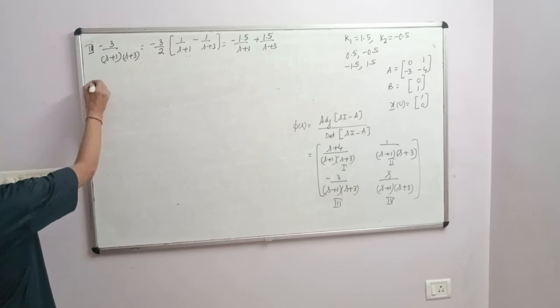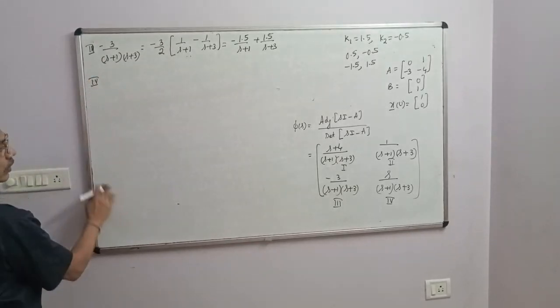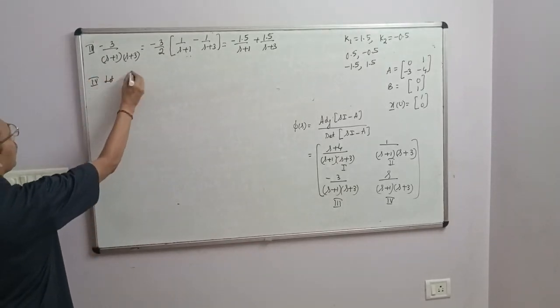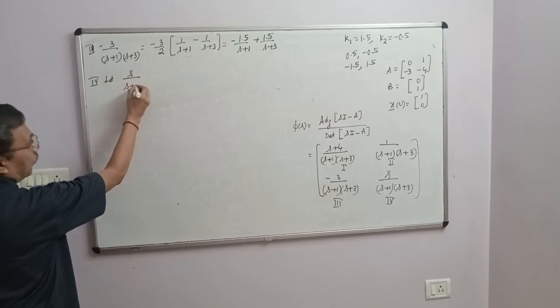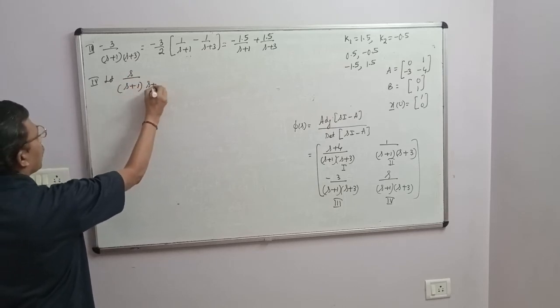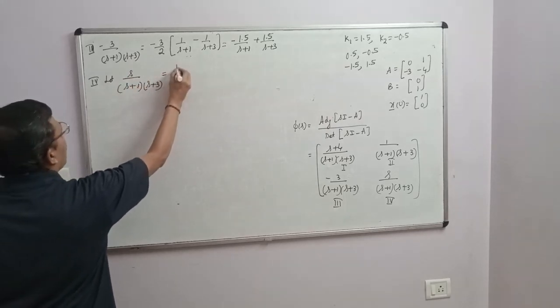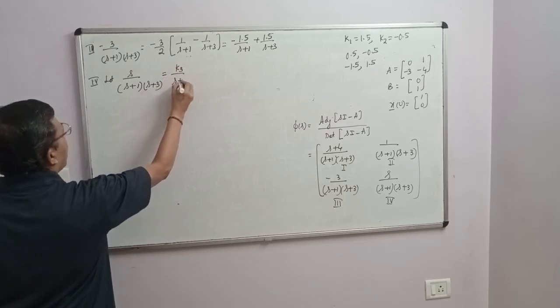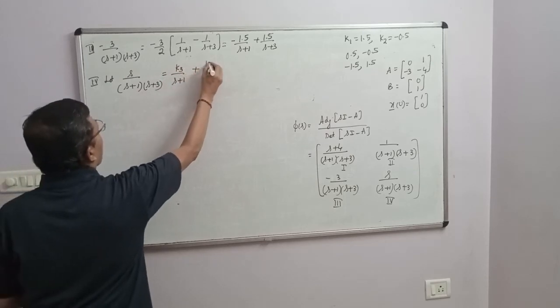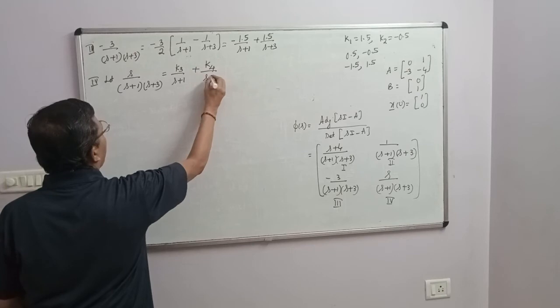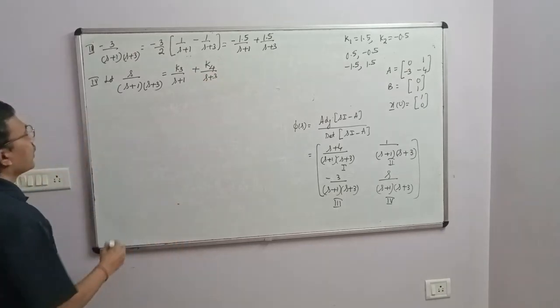Last one, fourth one. Let S divided by (S plus 1)(S plus 3) be equal to K3 divided by S plus 1 plus K4 divided by S plus 3.